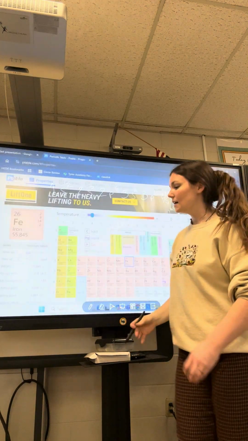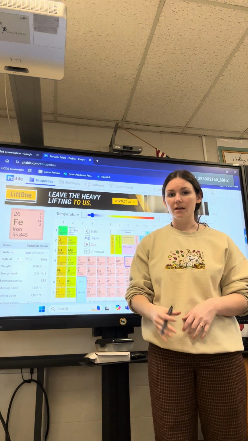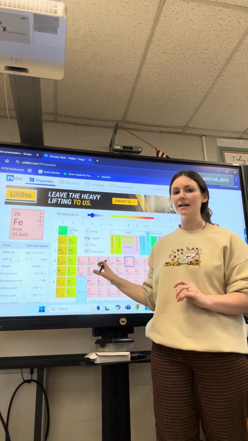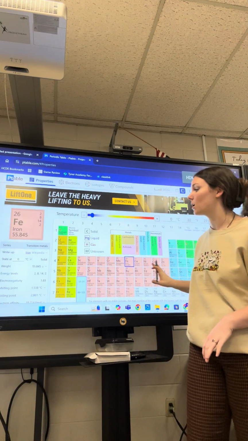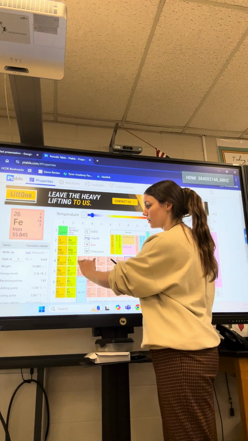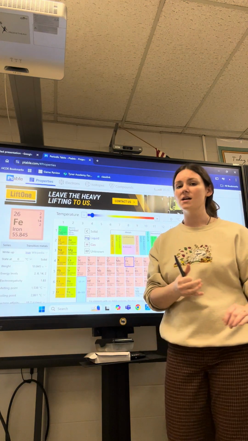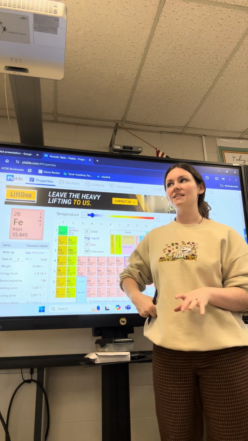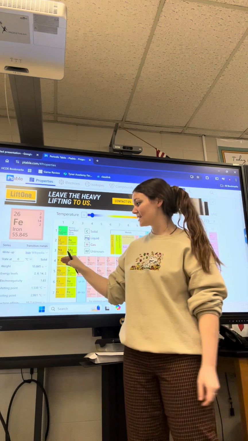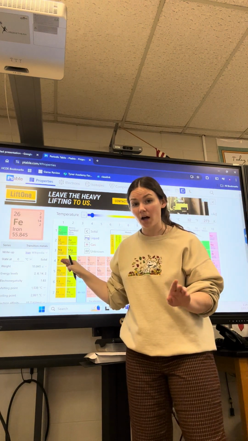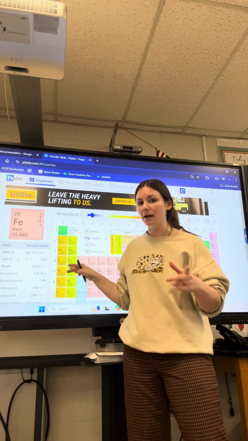Now, the D block is a little weird. The row number isn't the same as it is with the S block and the P block. What I mean by that is over here, technically we are in row 4, but you can kind of think as if the D block accidentally slid down a row. So even though it says 4 for the D block and the D block alone, I'm going to subtract 1.